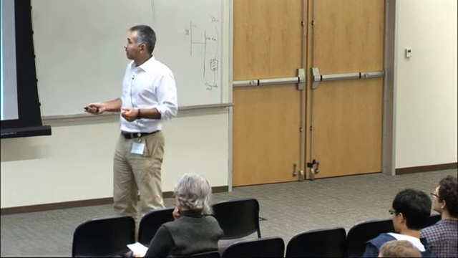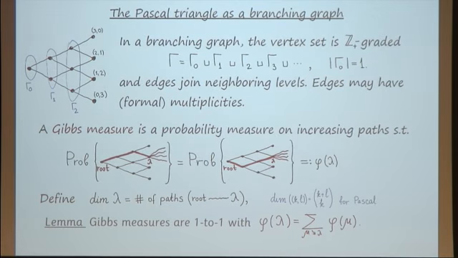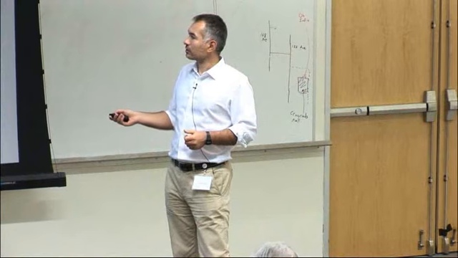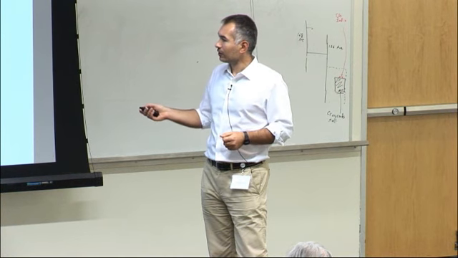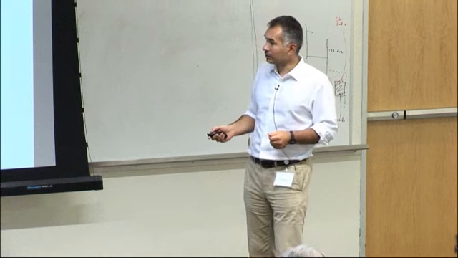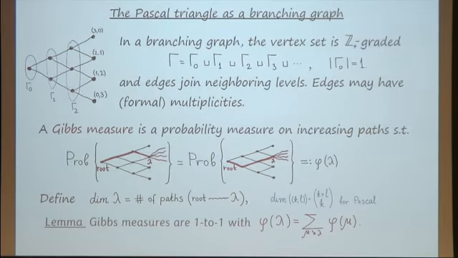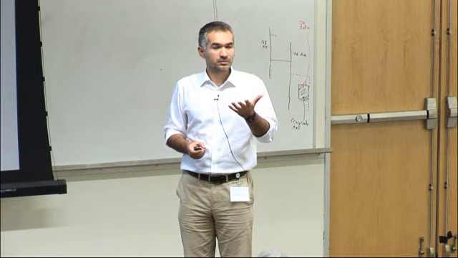Okay, it's really immediate to see that the Gibbs measures are in one-to-one correspondence with non-negative functions φ(λ) that satisfy this condition. So what is this condition? This condition is saying that the value of a function at a vertex is equal to the sum of its values at the two vertices right above it.